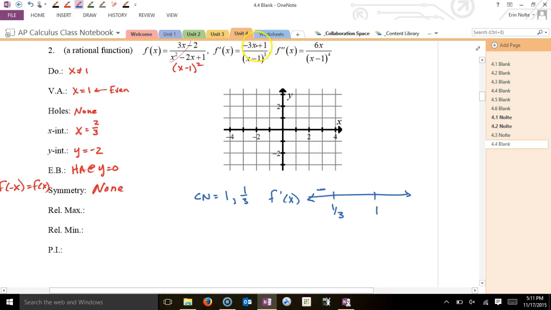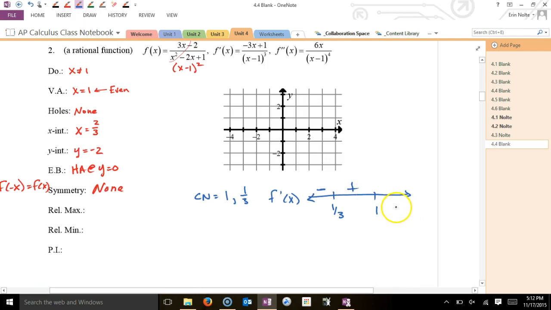Negative 3 times 2/3 would be negative 2, and negative 2 plus 1 would be a negative. On the bottom, I have a fraction minus 1, which is going to be a negative. I'm going to get a negative over a negative to get a positive.